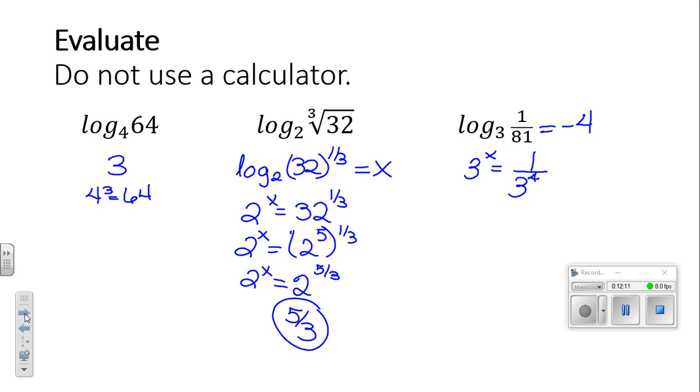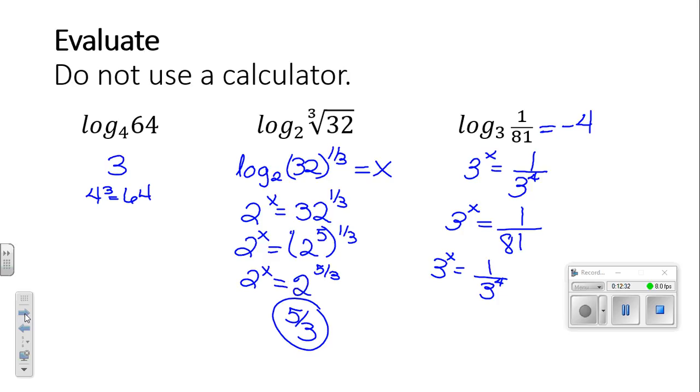In order to make our, we had it down here in the denominator, right? So if 3 is to the x as 1 over 81, we want to make that into a power of 3, and 81 is the same thing as 3 times 3 times 3 times 3.